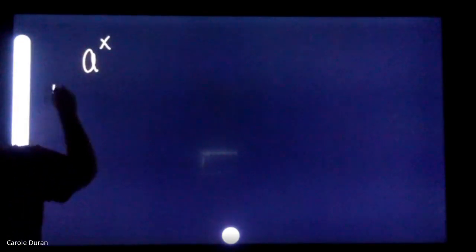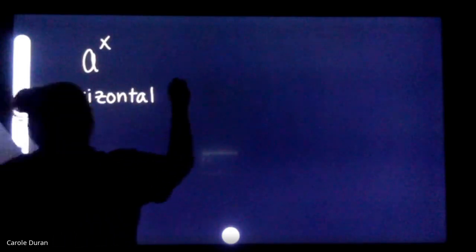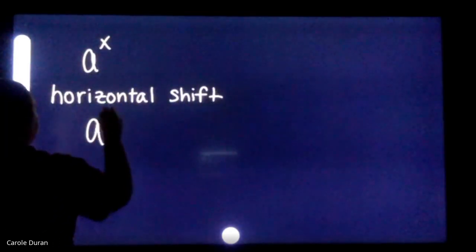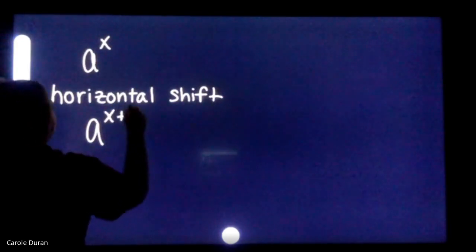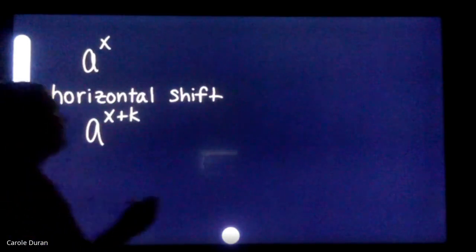So if I have the function a to the x, so this is my parent or original function, a horizontal shift would be indicated by a value being added or subtracted from my x only. So this would look like a to the x plus k, and that plus k is up in the exponent with my x.